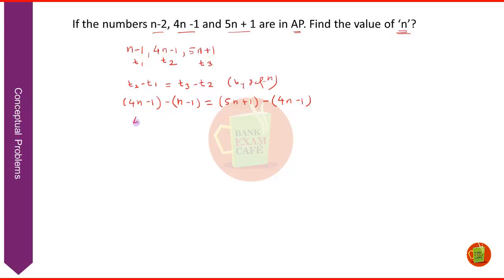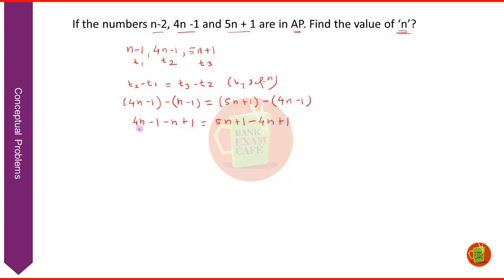So it will be 4n minus 1. When you open this bracket, the signs will get changed because of the minus sign outside the bracket. So it will be minus n, minus and minus will be plus 1, which is equal to 5n plus 1, minus 4n, and minus will be plus 1.